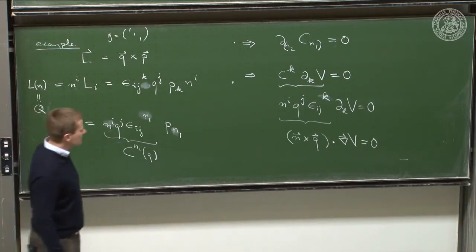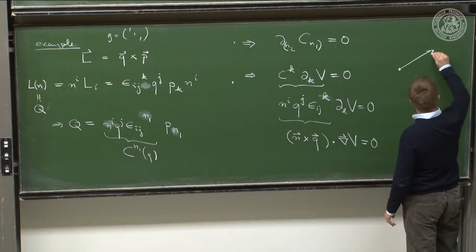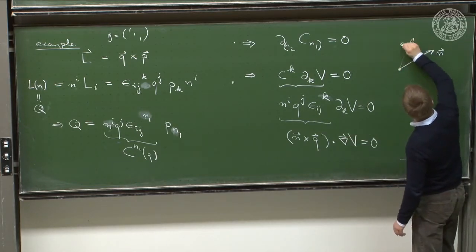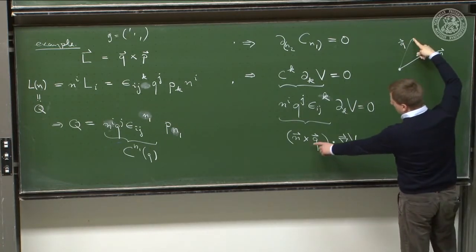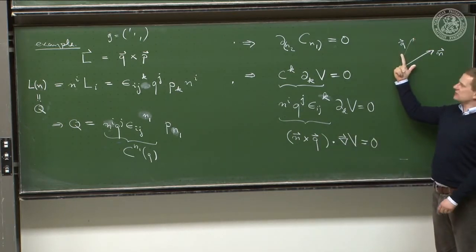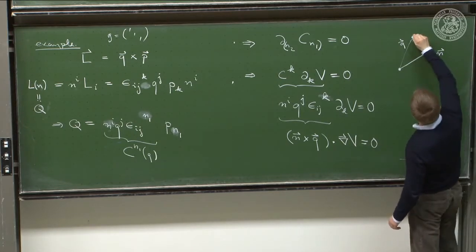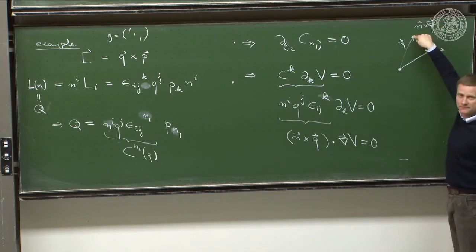Now, is this the condition? I think it is, because imagine we choose in space, in three-dimensional space, an arbitrary axis. And now we go to an arbitrary point Q, say this one. And now we evaluate n cross Q. N, Q, that's a vector pointing right at you, but being here. So this vector that points right at you is n cross Q. You agree?